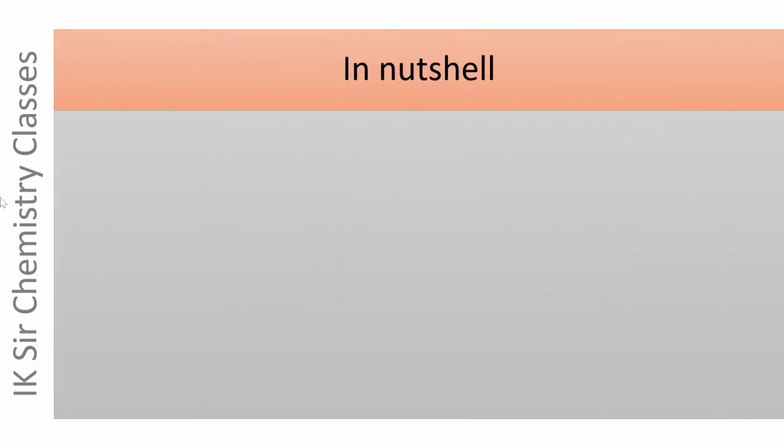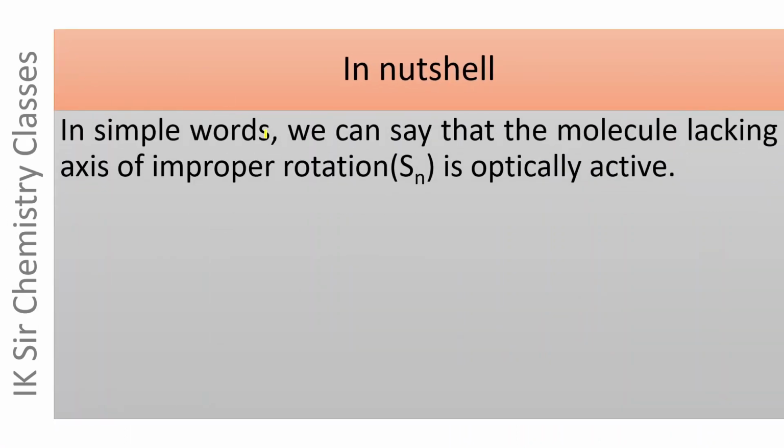In a nutshell, we can say that the molecule lacking an axis of improper rotation is optically active, because it includes sigma, i and higher levels of axis of improper rotation.